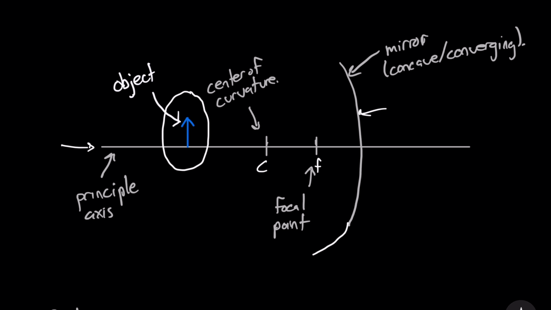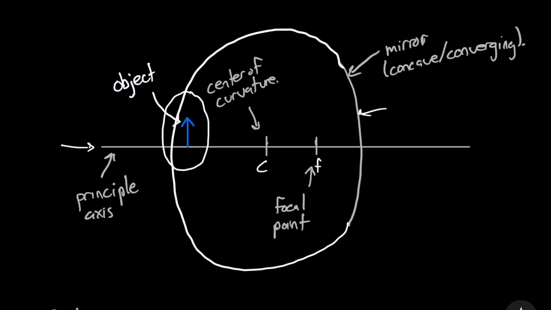If we were to extend this mirror into a circle, again, that's not a perfect circle, but you will find that the center of curvature, so this point right here, it's the radius of the circle if the mirror was extended into a complete circle. So the center of curvature is just the radius of this theoretical circle. What the focal point is, it is just half of the radius. Okay, it's always half of the center of curvature.